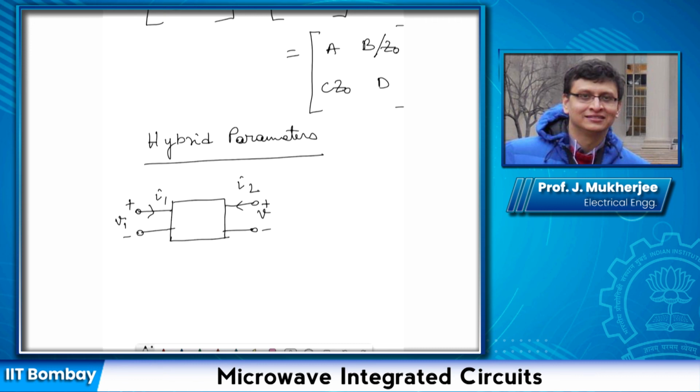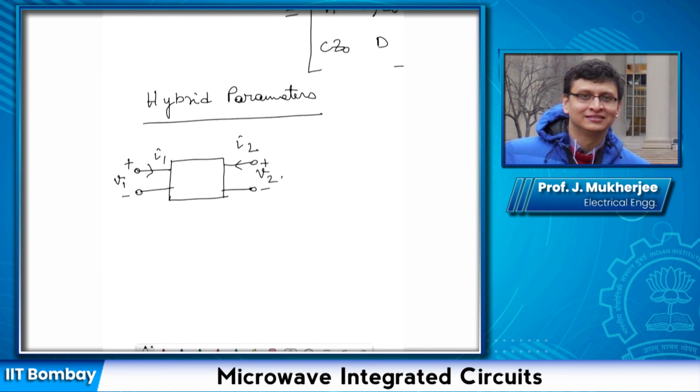So hybrid parameters are parameters relating V1 and I2 to I1 and V2.